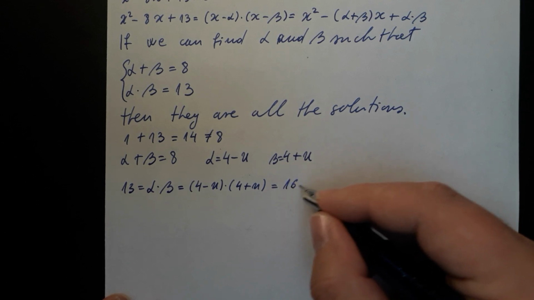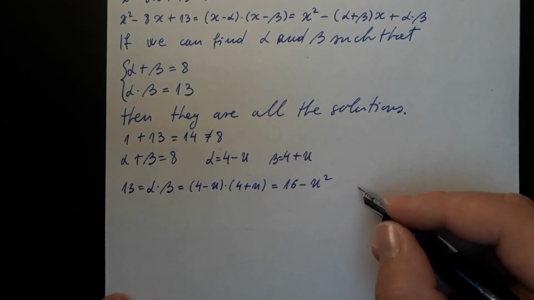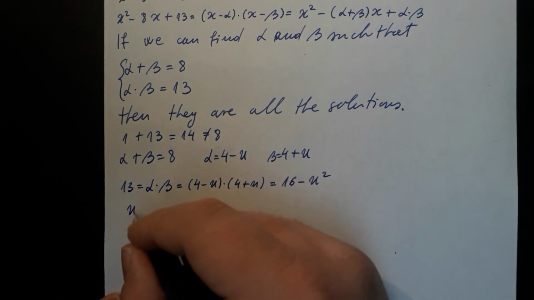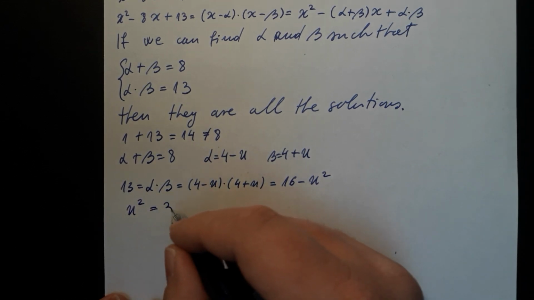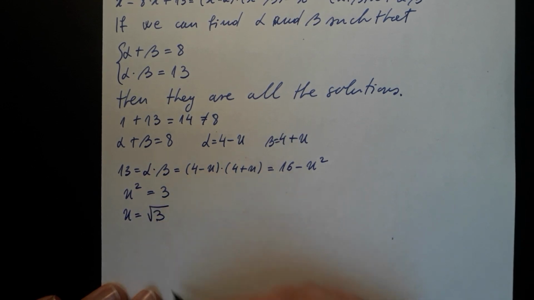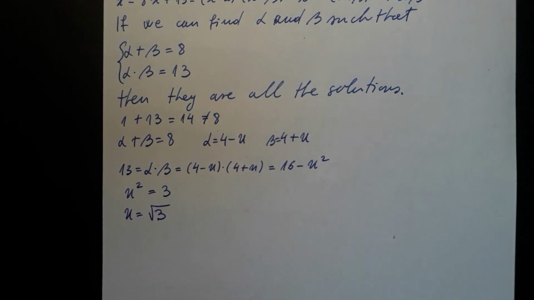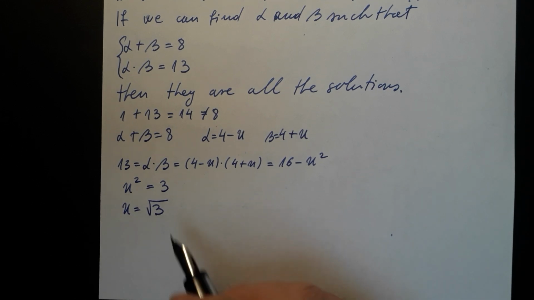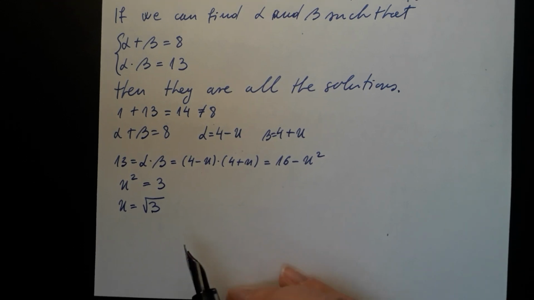This is equal to 16 minus u squared, and then we get that u squared is equal to 3, which means that u is equal to a square root of 3, or a square root of -3, which is going to give us the same pair. So there is no need to go through both possibilities.